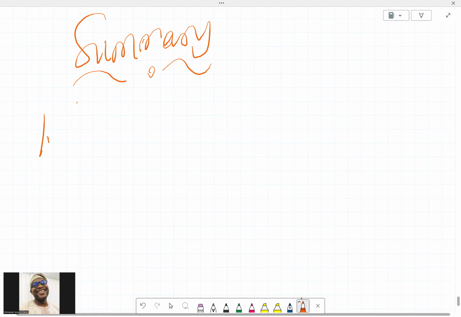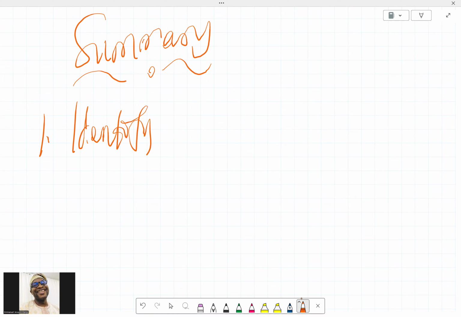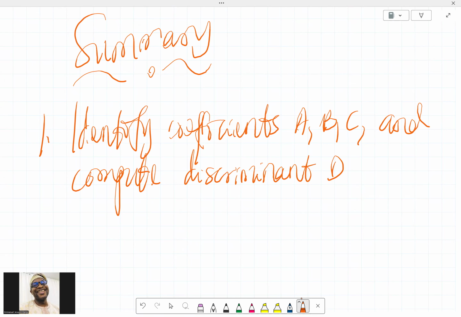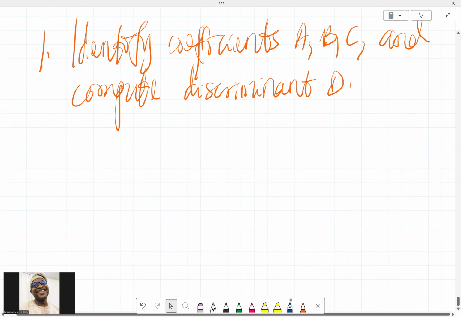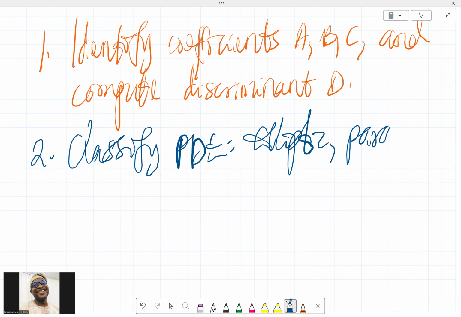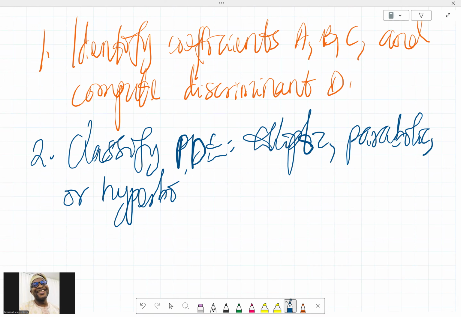The first step is to identify coefficients A, B, C, and compute the discriminant D. That's the first step, because you want to know whether it is hyperbolic or whatever it is. Then step 2 is to classify. Based on that, you now classify the PDE, whether it is elliptic, parabolic, or hyperbolic.